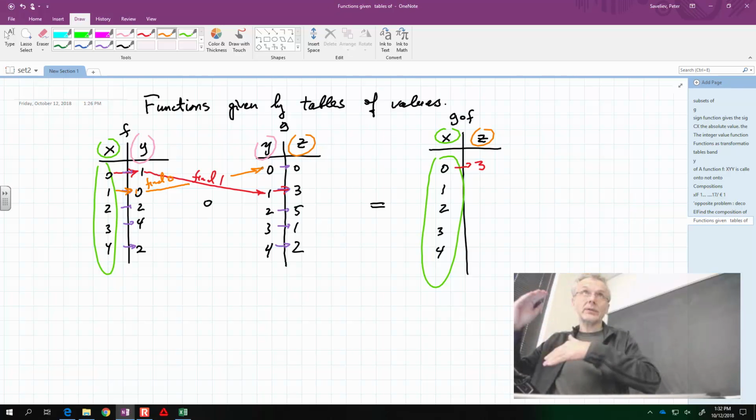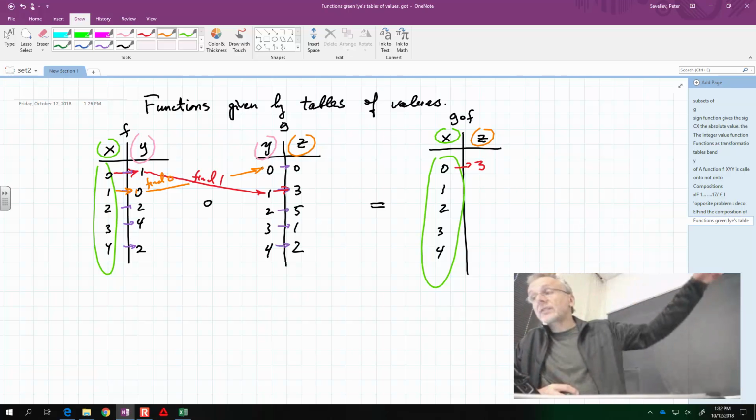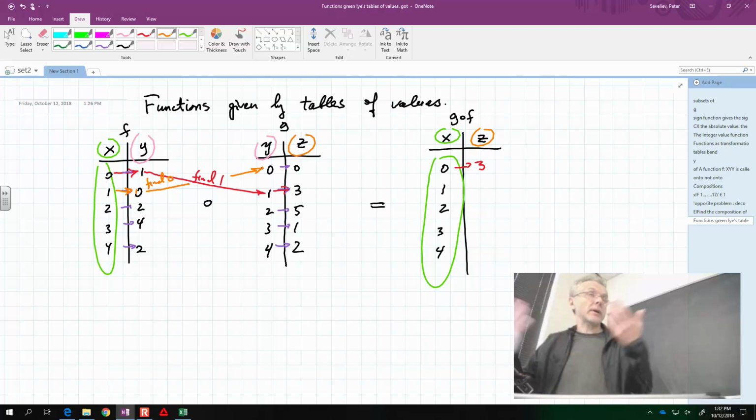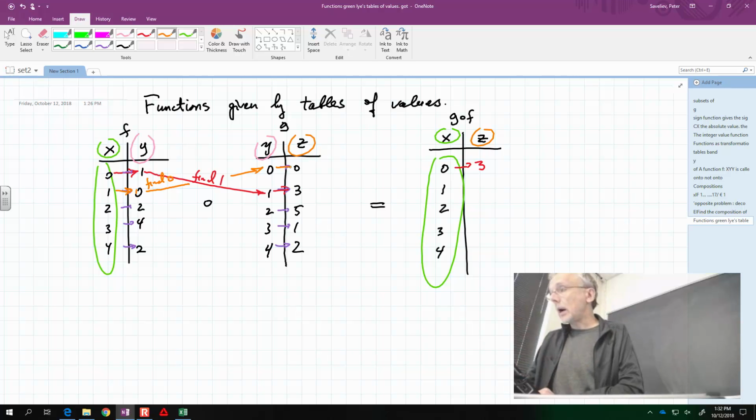As you can see, that's the problem, because x's and y's in these two tables are arranged in the growing order, as you would always do when you have a table of a function. But the values of a function, the second column, might be random. So that's why you have a misalignment. Anyway, then you end up with 0, right?